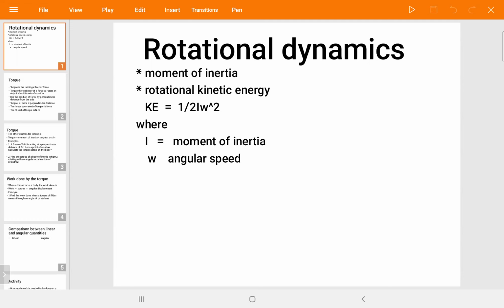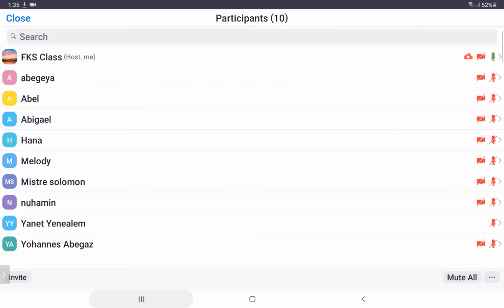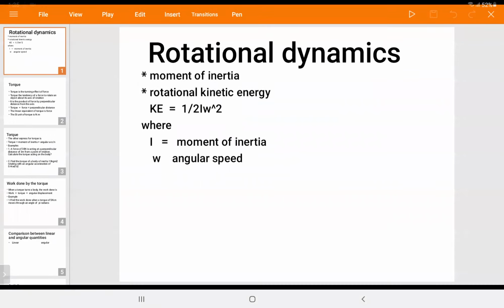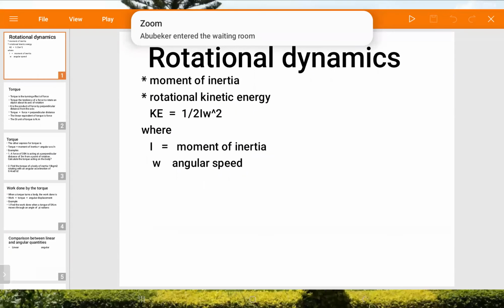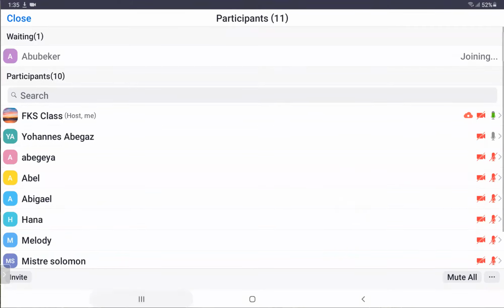But before that, what do we mean by rotational motion and moment of inertia? What is moment of inertia? Sometimes we call it rotational momentum.